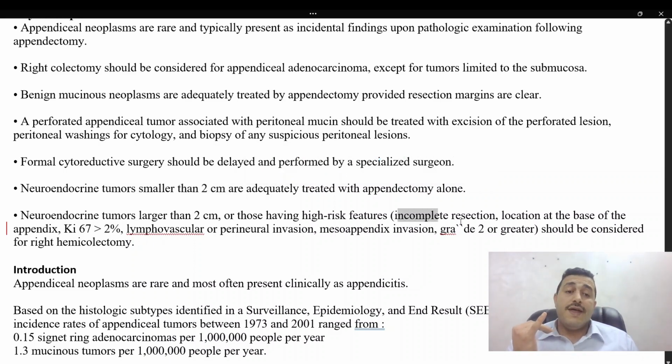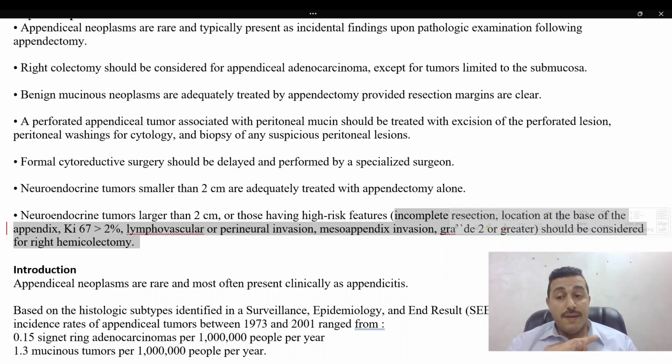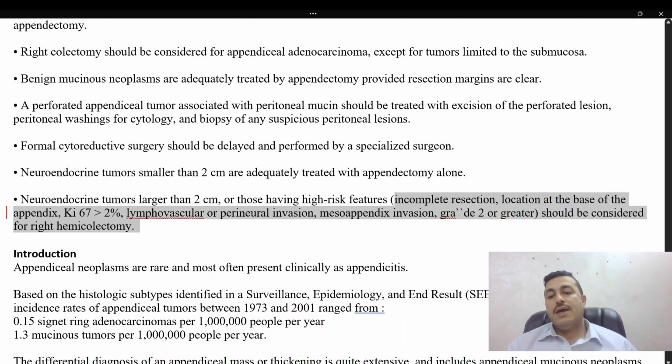These include incomplete resection based on the pathological exam, location at the base of the appendix, Ki-67, which is a proliferative marker for malignant cells, more than 2%, lymphovascular or perineural invasion, and mesoappendix involvement. So we should proceed to right hemicolectomy.